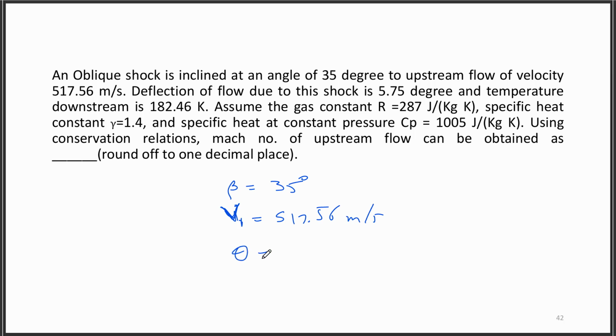Theta is given as 5.75 degree, and T2 is given as 182.46 Kelvin. Other properties like R, Cp and gamma are given. So how can we find the Mach number?